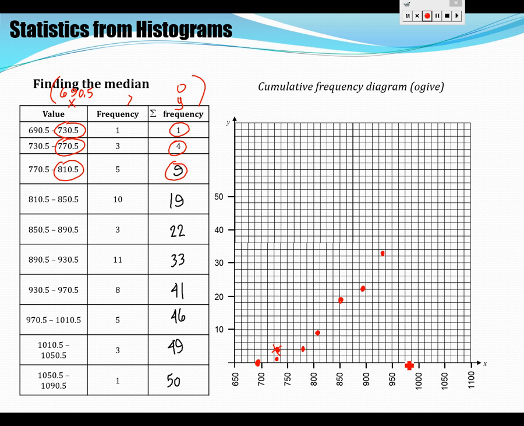What kind of progress are you making out there, people? 970, 41. 1010, 46.